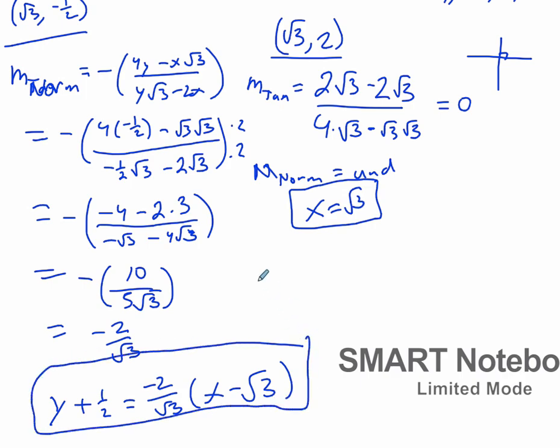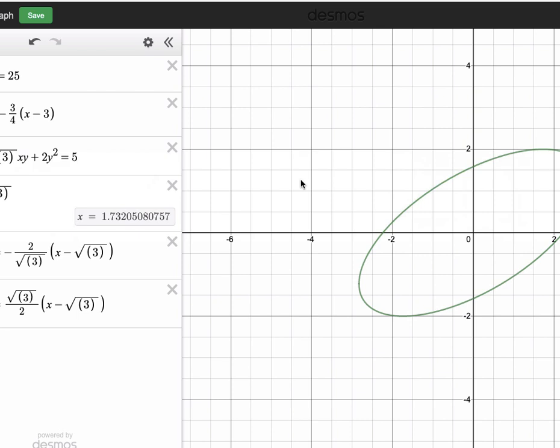Okay, and I've prepared these graphs on Desmos too, so you can take a look. Here's what the graph looks like. It's a very interesting looking ellipse. And here is x equals root 3. You see it is normal at this point right here, right?